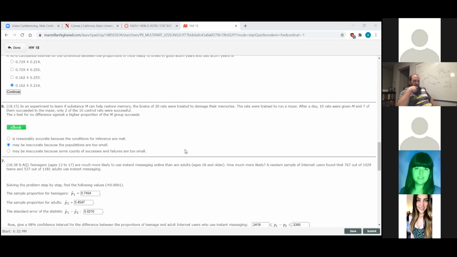So which one of those is the better answer when they're both technically correct? The number has to be bigger than 10 though, right? Because 10 rats was a total. Right, but the number of successes and failures is what matters, not the populations. I mean, the populations were small, but the number of successes and failures is too small. That should be it.